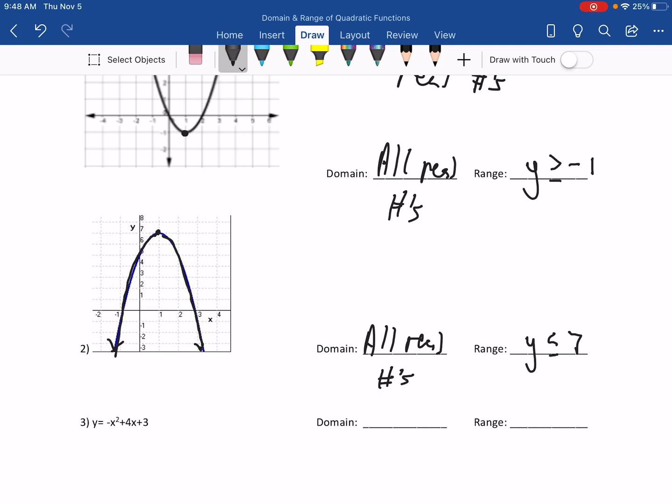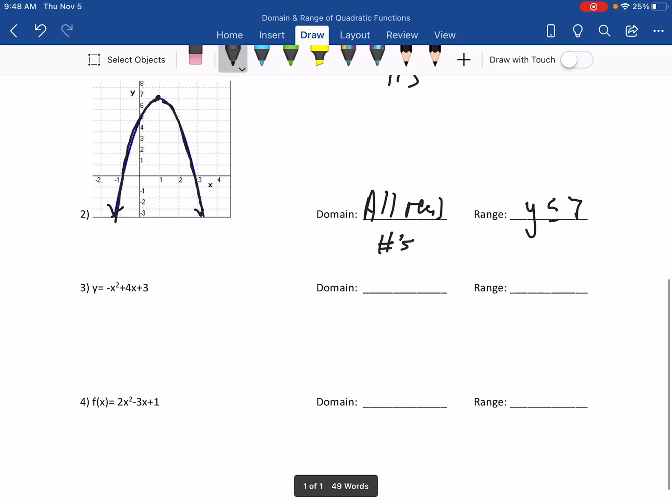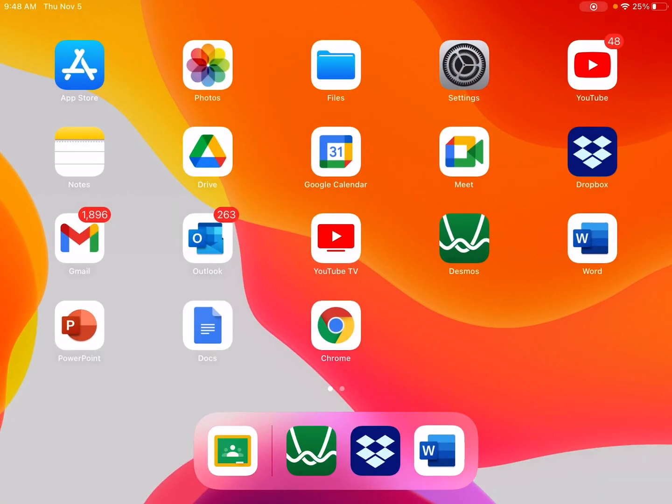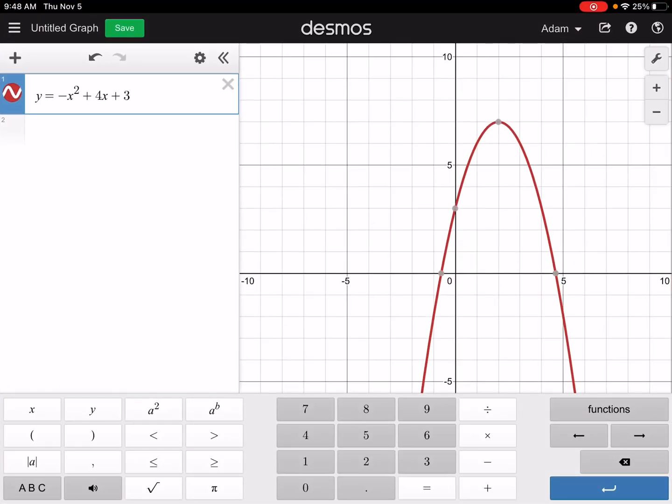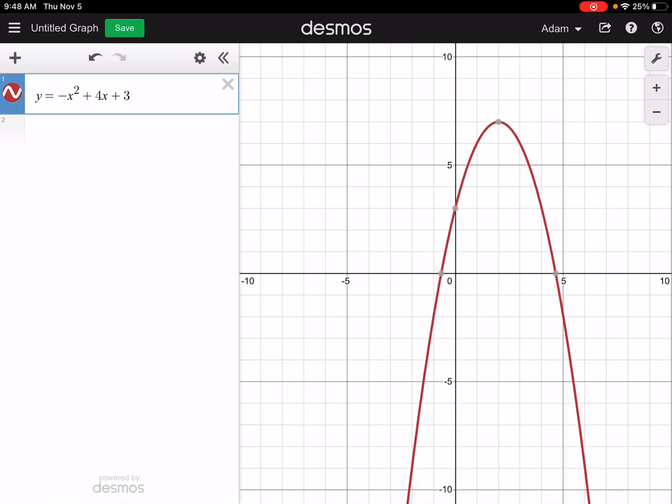Okay, for number 3, we don't have a graph, we only have the function. So we'll go into Desmos. There's the graph of y equals negative x squared plus 4x plus 3. Okay, so we're going to see that the largest y value is 7, so we have 7 and everything less than 7.